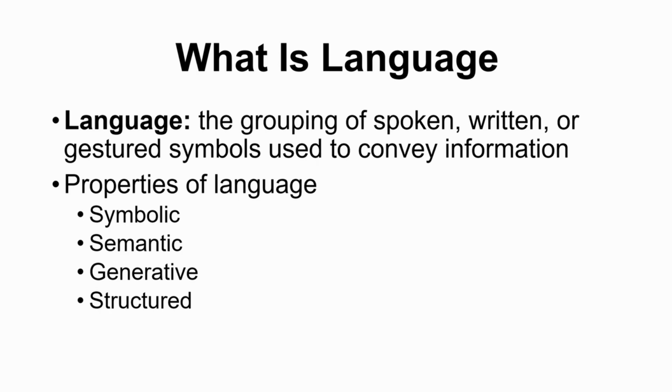Next, we have this idea of generativity, and this means that a limited number of symbols, whether they're sounds or letters or whatever, can be combined in an infinite number of ways to generate those novel meanings. It relates nicely to productivity, but we're just generating an infinite number of combinations that can get across new information.